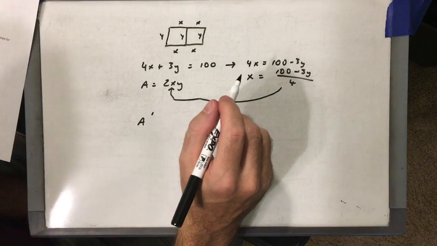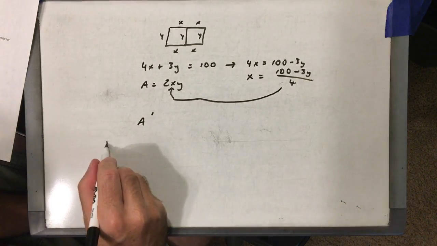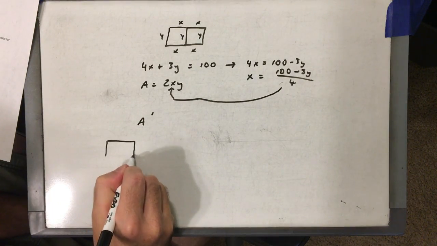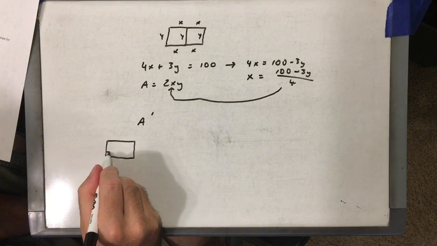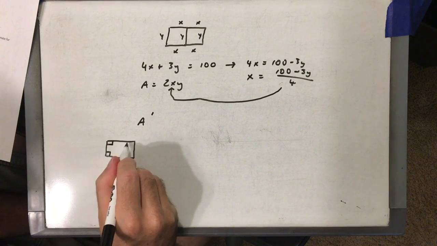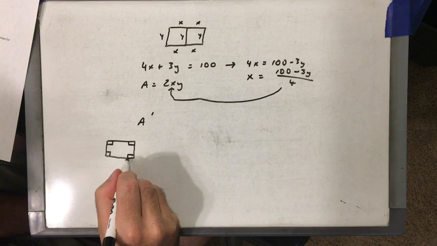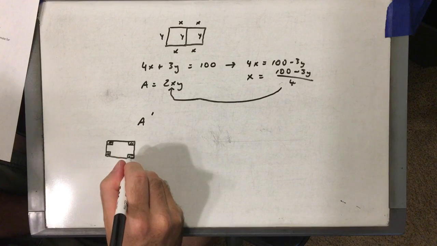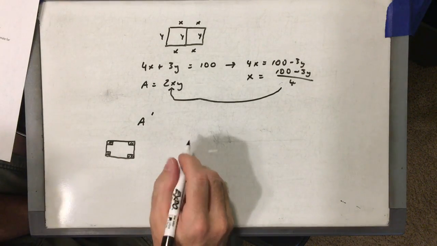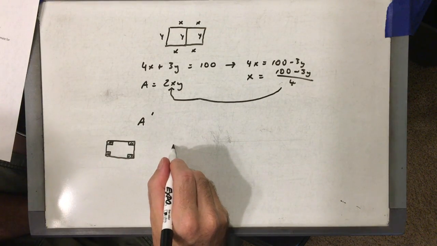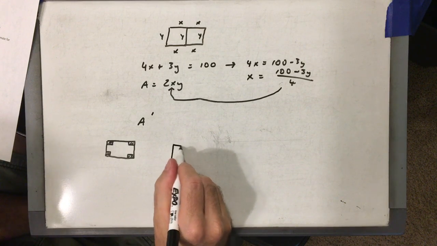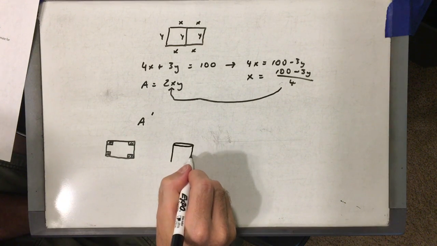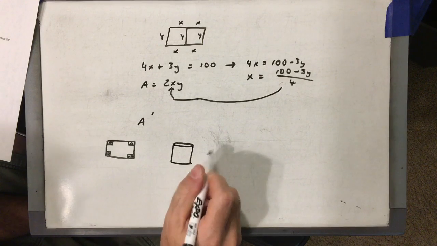And we had a problem where we had to cut out the squares in a corner. Right. We had a problem, I think one of our example problems, where you had a can with only so much material, right?